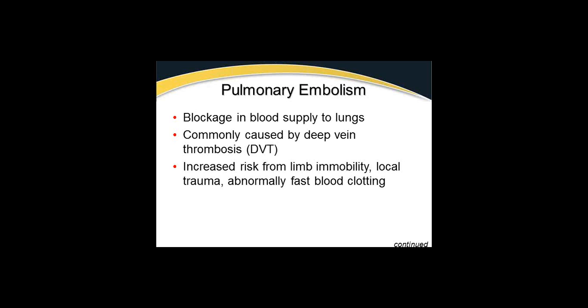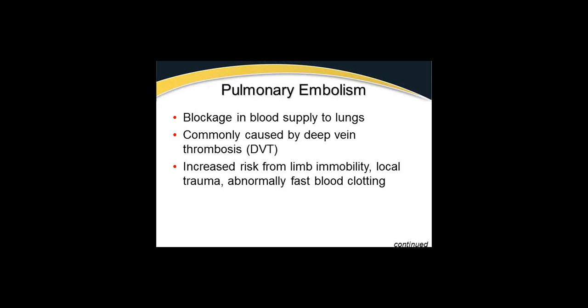The increased risk for pulmonary embolism, or really any blood clot, whether it's a stroke, a heart attack, a pulmonary embolism, a DVT, comes from limited mobility. So somebody's had a recent fracture in a cast. Maybe they traveled across country. They've had a recent trauma in which the body tried to build up clotting factors to deal with it, and then the abnormally fast blood clotting.